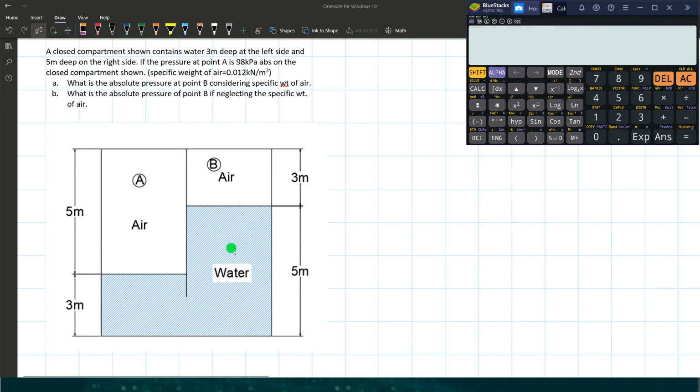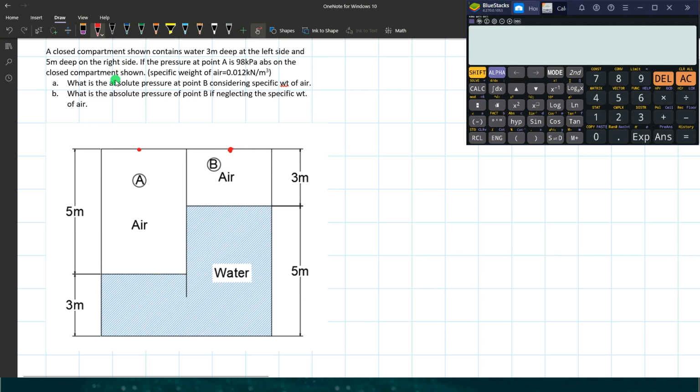If the pressure at point A, say at this point, is 98 kilopascal absolute pressure, and we are given the specific weight of air, which is 0.012 kilonewtons per cubic meter, what is the absolute pressure at point B on the other side, considering the specific weight of the air?